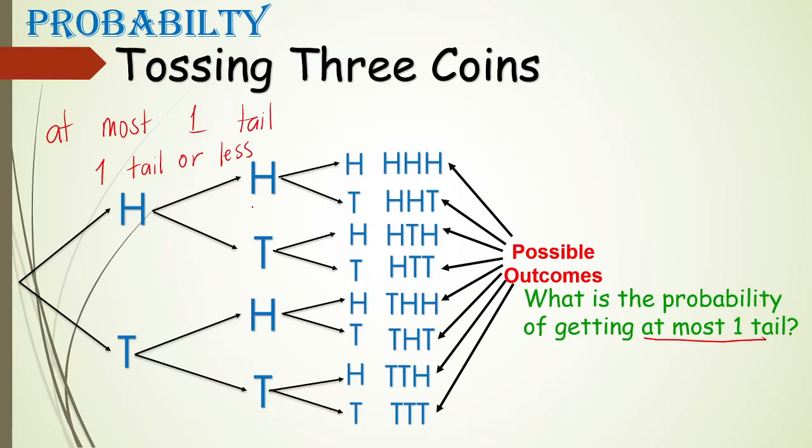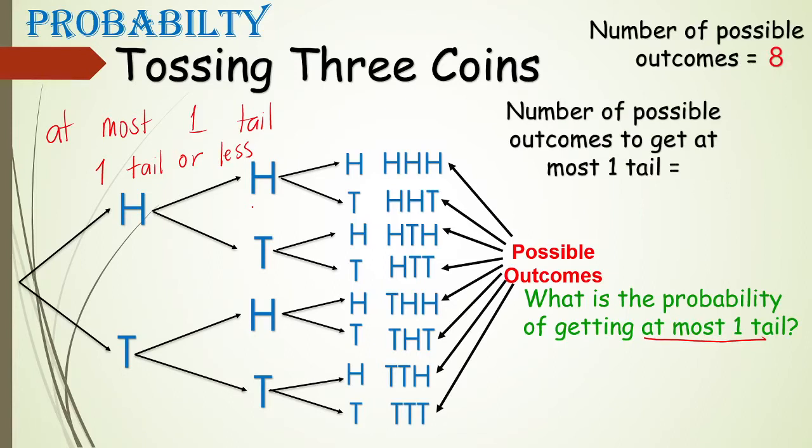So let's identify them. But before that, the total number of outcomes is still 8. Now this is my question. How many possible outcomes are there to get at most 1 tail? Is this at most 1 tail? Yes, because it does not contain a tail, correct? What about this one?